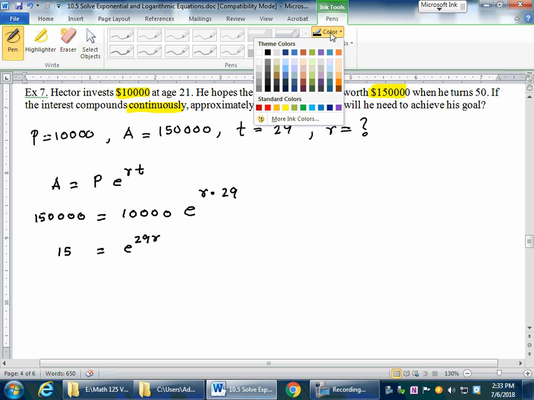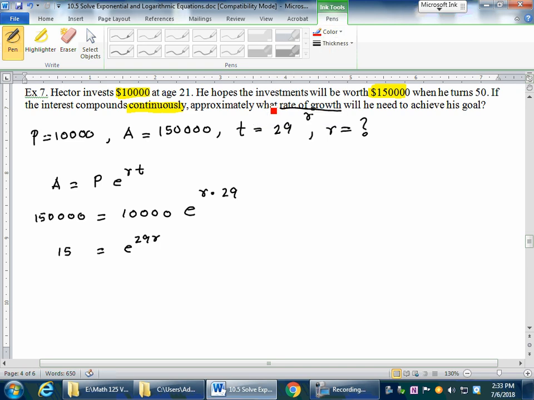Now, solving this exponential equation, we're going to have to use ln to bring down that exponent. So take ln on both sides. It'll be ln of 15 is equal to ln of e to the 29r. So by using the properties of logarithms, I can bring this 29r down to a base level.